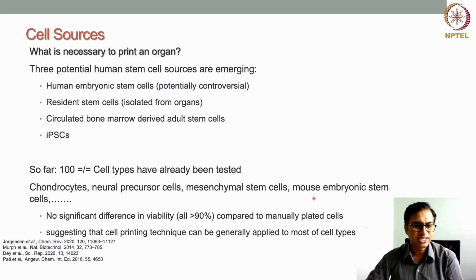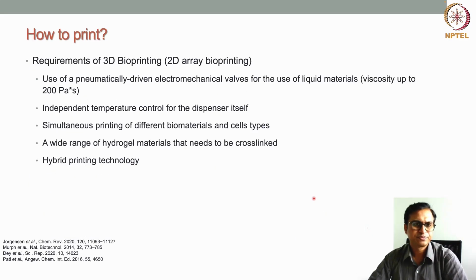That suggests the cell printing technique can be applied to most cell types. Bioprinting can be used for different cell types without compromising cell viability. And if you see how to bioprint, there are requirements. In 3D bioprinting, basically it is a 2D array bioprinting.